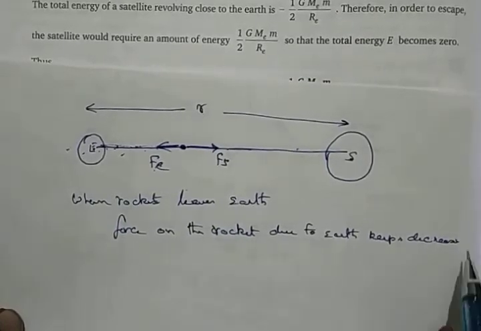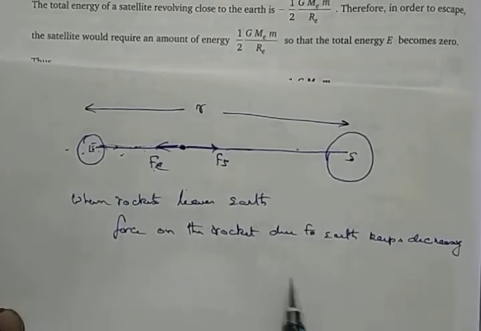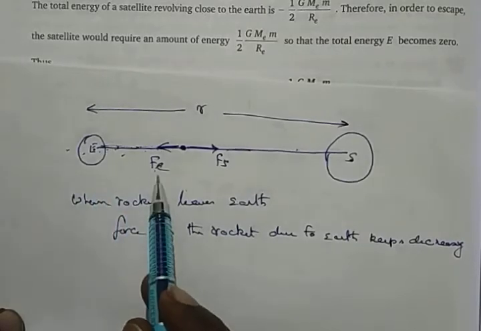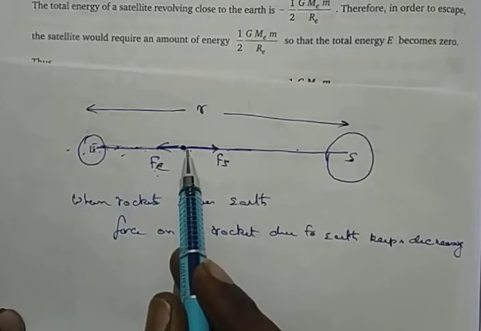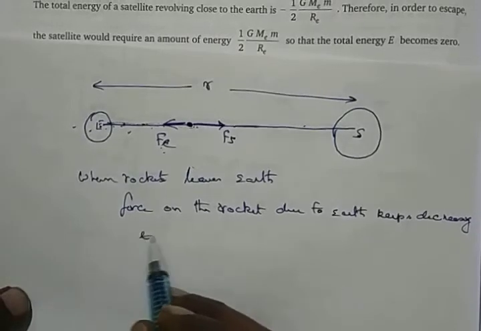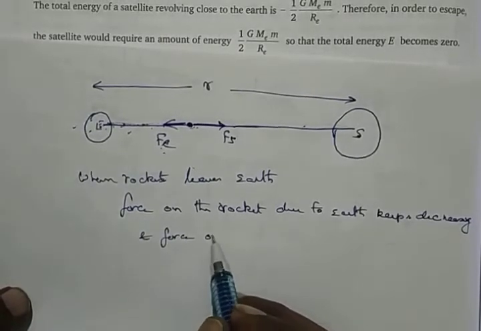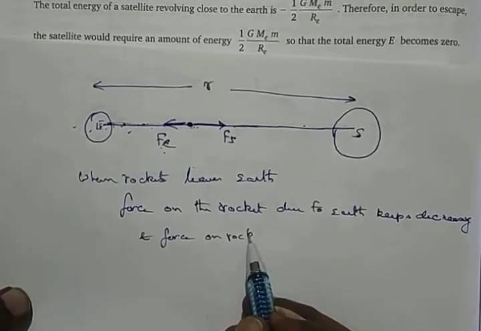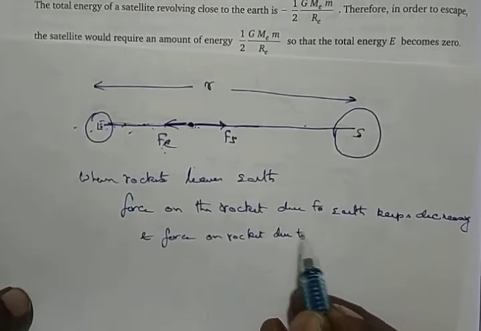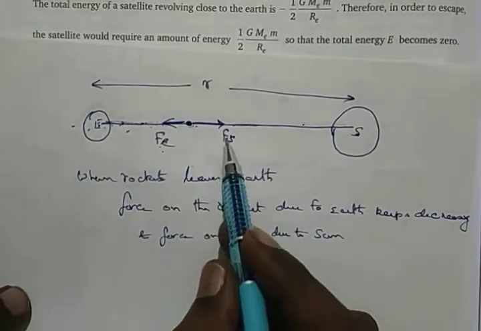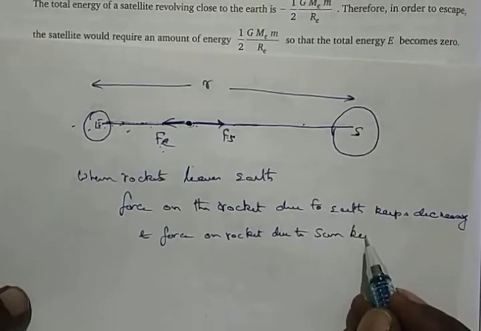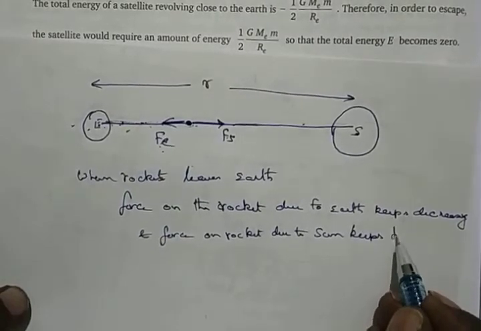Is it not? So that's going to be decreasing. This force due to the earth, as it goes on, keeps on decreasing. And the force on the rocket due to the sun, what will happen? Due to the sun, the force keeps on increasing.